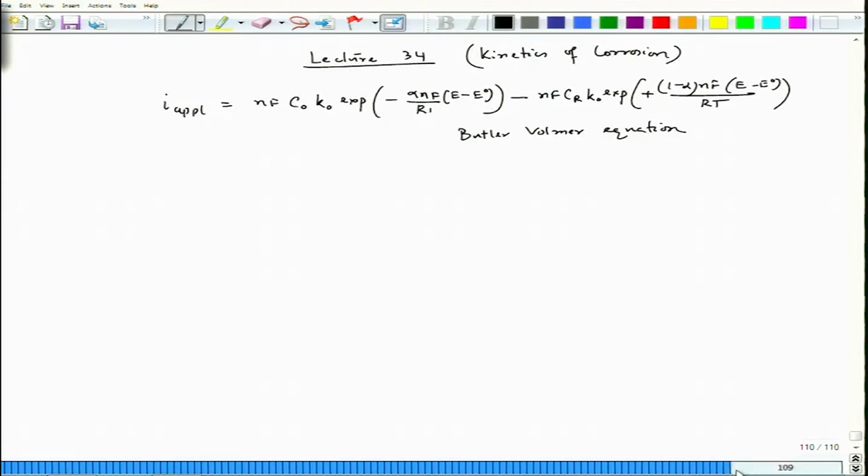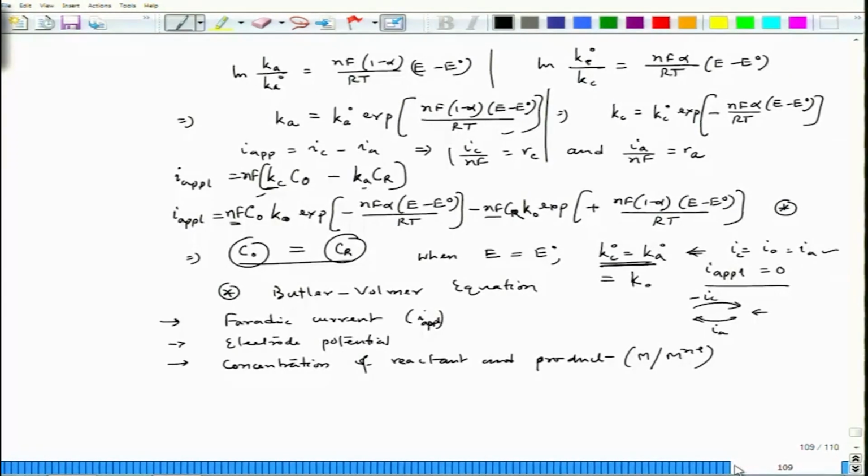And if we see the previous analysis, this is my I applied, and then I am replacing this Kc and Ka with these two formulas, and later we have understood why Kc0 equal to Ka0, and that one we are considering k0, we are replacing that, and hence we are getting this Butler-Volmer equation.